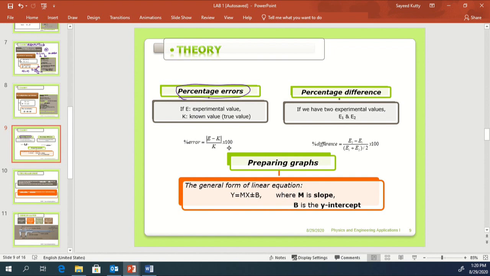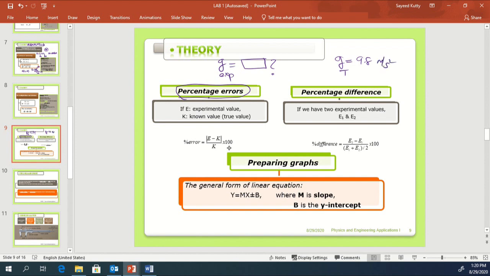In most of our, let's say, 2-3 experiments in our labs, our ultimate objective is to find the acceleration due to gravity, g. We were asking you to calculate g experimentally, but everybody knows the real value, the theoretical or true value of g. It is 9.8 meter per second square.